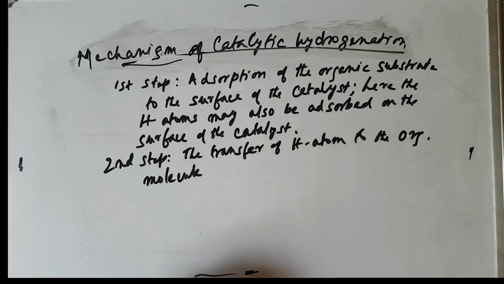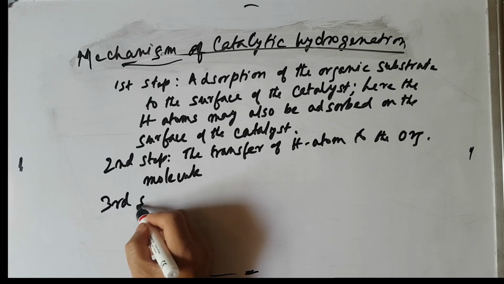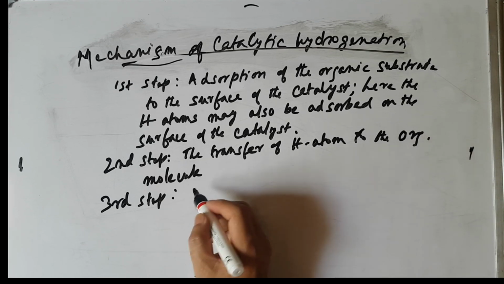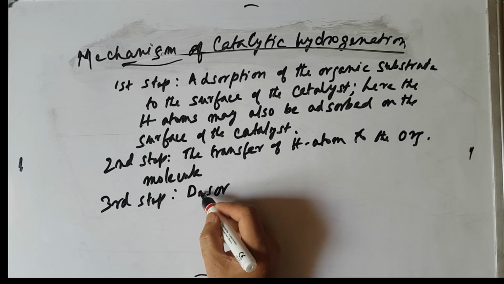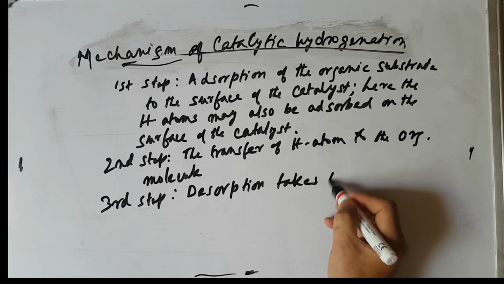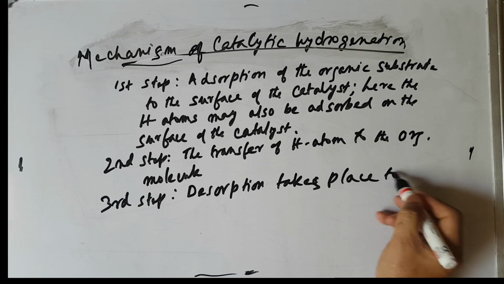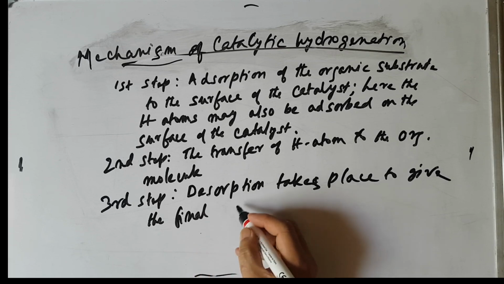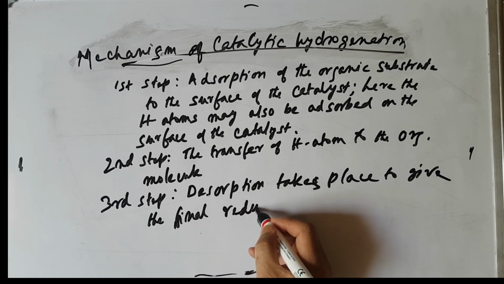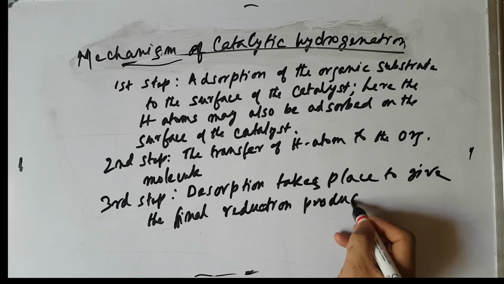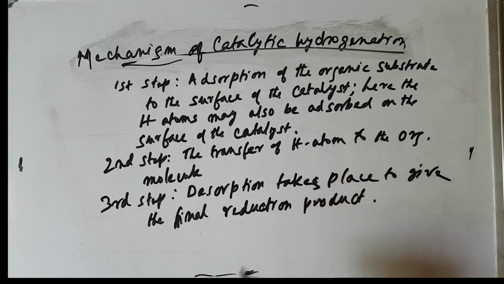So in the third step, after migration, transfer of the hydrogen atom to the organic molecule, then the third step is desorption, which takes place to give the final reduction product. So there are 3 steps for the mechanism of catalytic hydrogenation of olefinic compounds.